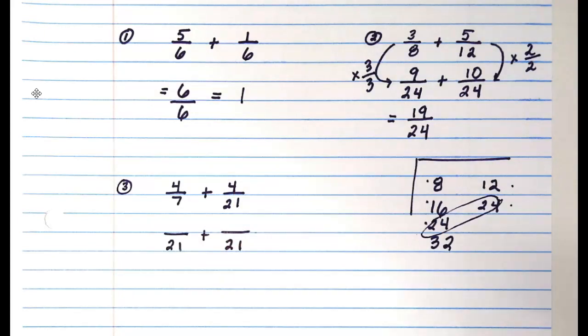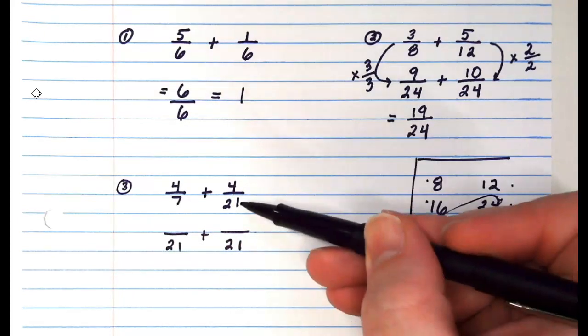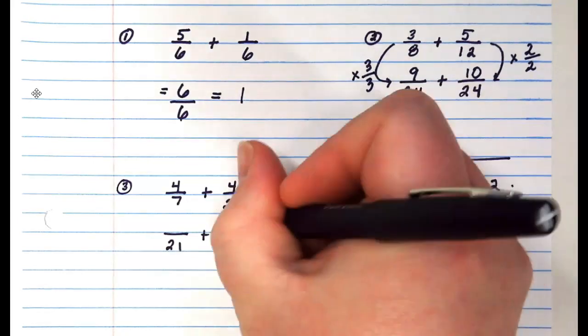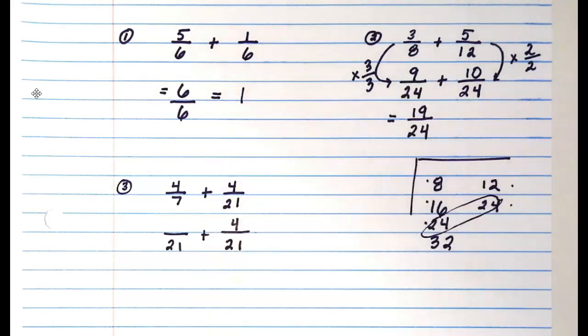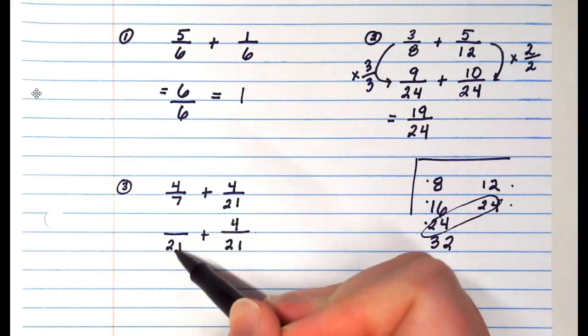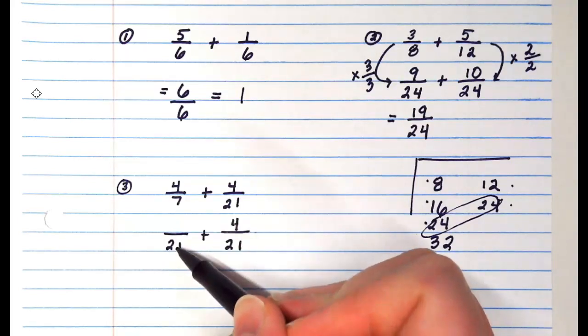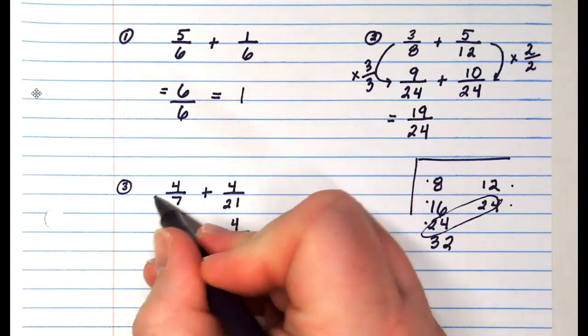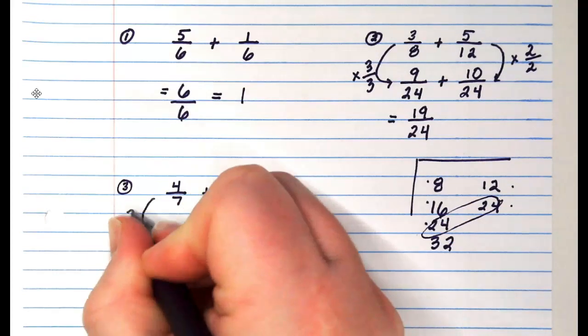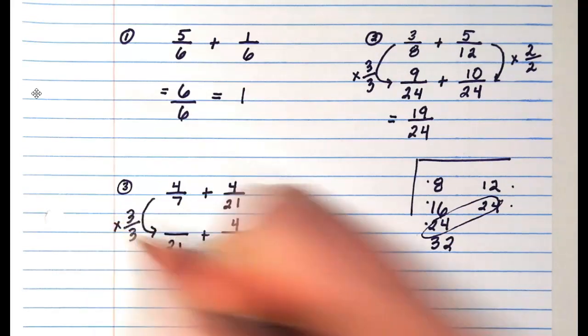So the beauty of this is that on the right-hand side, we had 21 in the denominator. We're keeping 21, so this fraction on the right stays the same. It's not going to change at all. But the fraction on the left will, because 7 goes perfectly into 21 3 times exactly. So we're going to multiply this left fraction by 3 over 3.